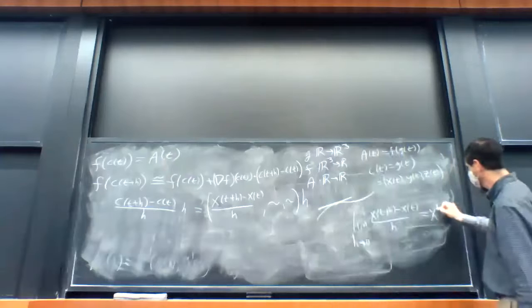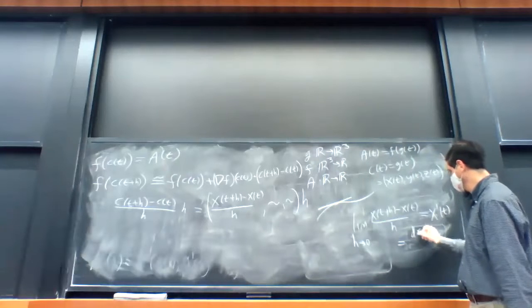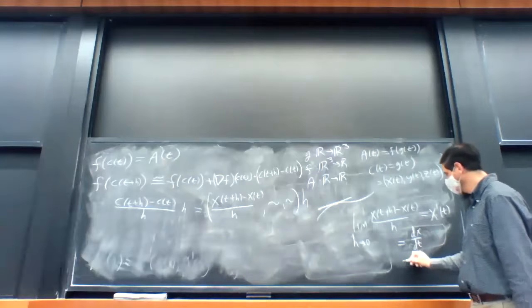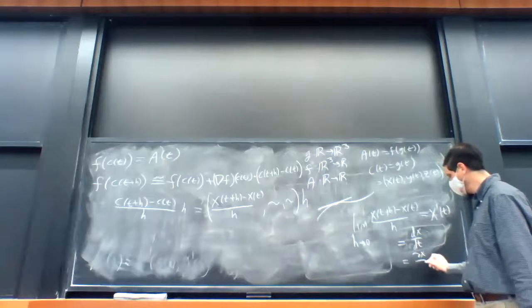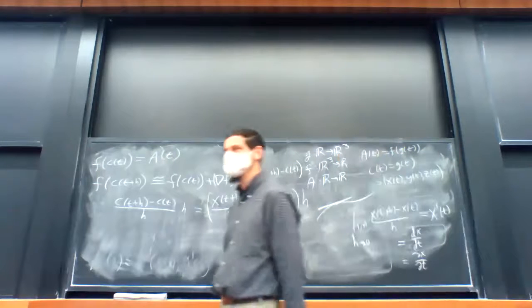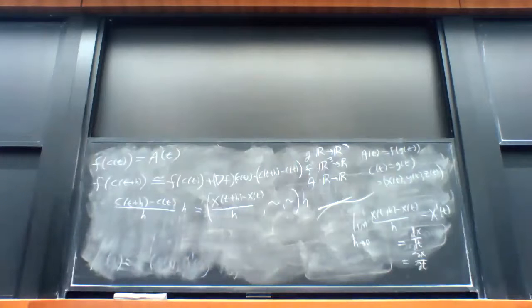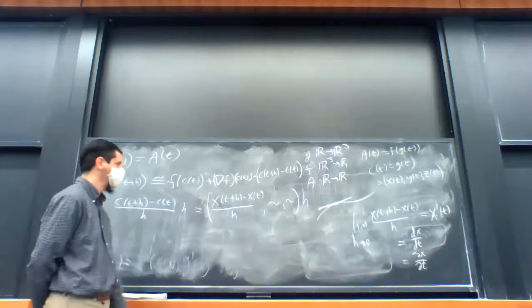T. This looks like x prime of t, or dx dt because it only depends on one variable, or if I want to be really careful, partial x, partial t. To some extent, I don't really need to say partial x, partial t, because x depends on only one variable. But if I write it like this, it's going to make it a little bit more clear how to generalize.